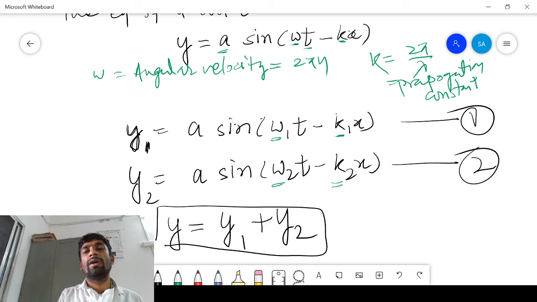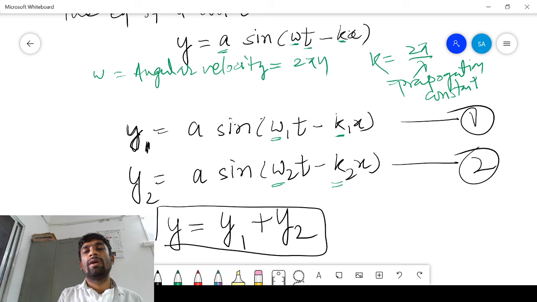So this equation is the equation of which wave? Group wave, and it is obtained by using these two relations, the first equation, the second equation, and this resultant equation y.